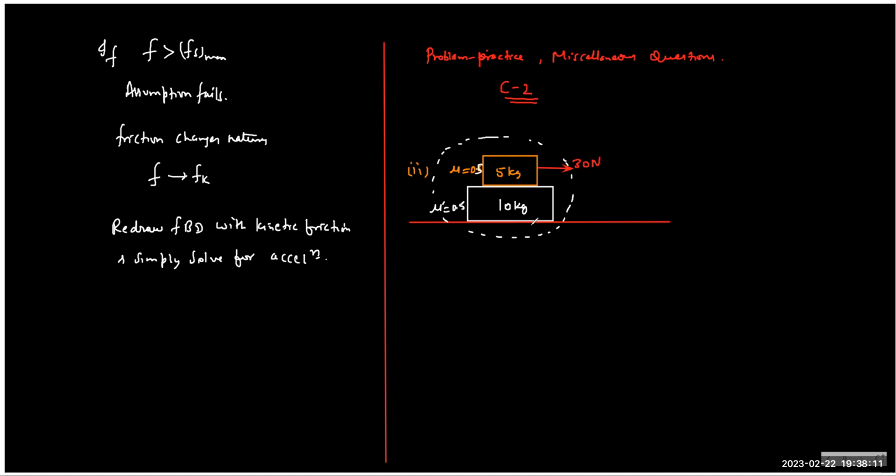What is the formula? Mu K into N. Okay, so what is mu here? 0.5. What is N there? 100 Newton. Are you sure? So 150. Yeah, it's 150. The normal at the bottom is balancing the entire weight, right? So 150 into 0.5 is how much? 75 Newton.